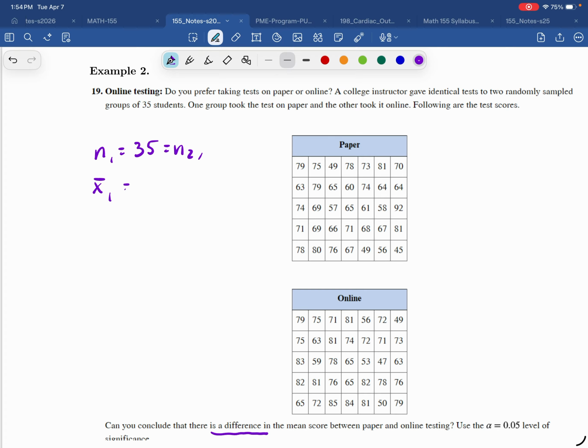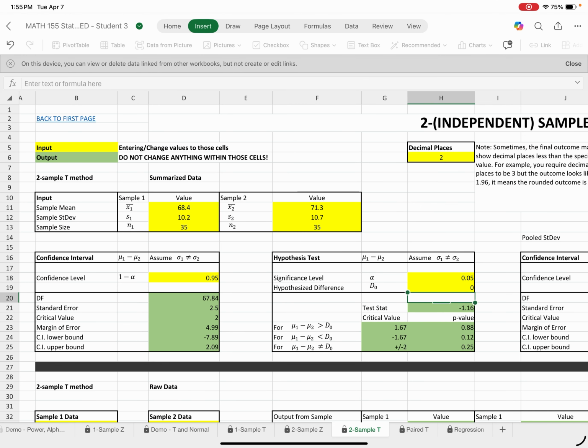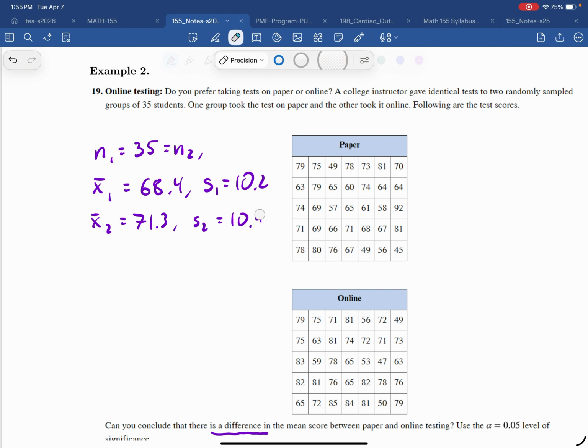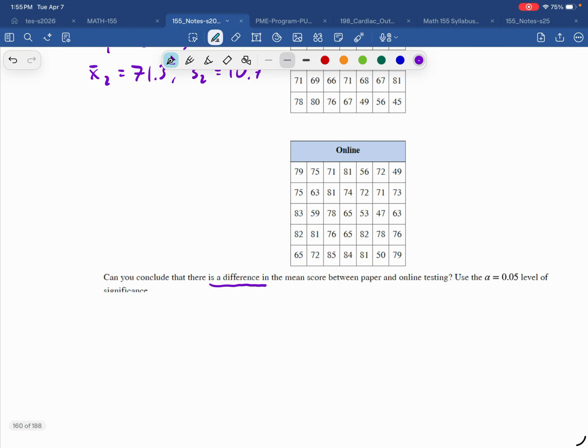X bar 1 equals 68.4, S1 equals 10.2, X bar 2 equals 71.3, S2 equals 10.7. All right, so we have that. Can we conclude that there is a difference? Well, let's just write our hypotheses.